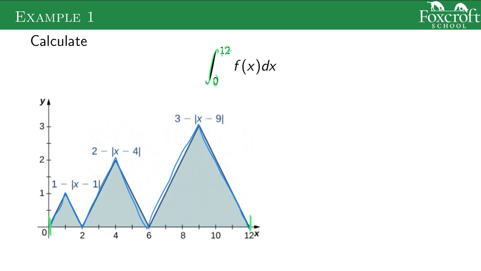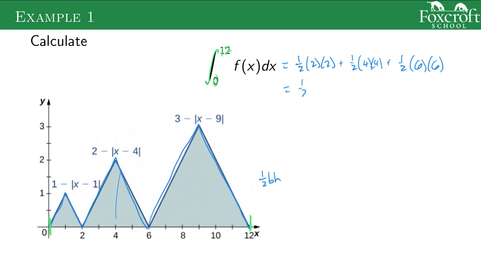And we know the area of a triangle is 1/2 base times height. So this area is going to be the area of the first triangle, which is 1/2. The width is 2. The height is 2. Plus the area of the next triangle, 1/2. The base is 4. The height is also 4. And plus the last triangle, the width is 6 to 12 is 6. And the height is 6.